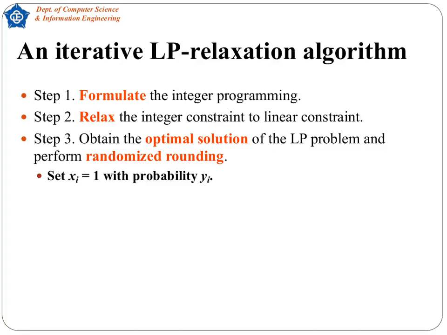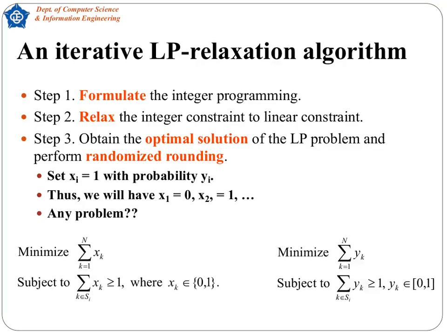Next, we relax the integrality requirement so each variable y can range freely between 0 and 1, turning our model into a linear program. Finally, after solving this LP to optimality, we apply randomized rounding. For each variable, we set x to 1 with probability equal to its LP value y. This approach marries the efficiency of LP solvers with a straightforward rounding rule to yield a feasible integer solution.